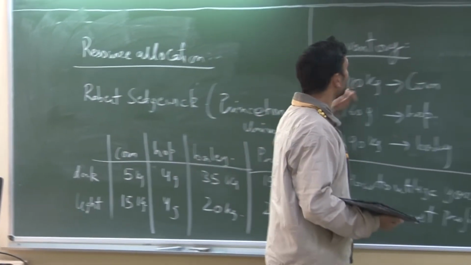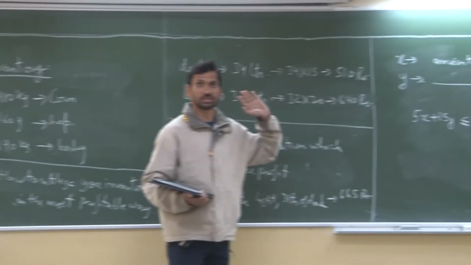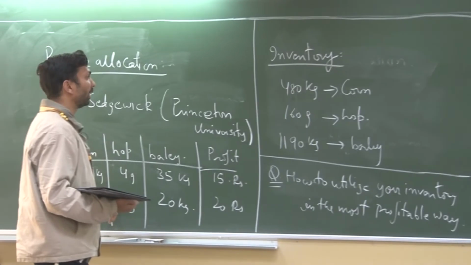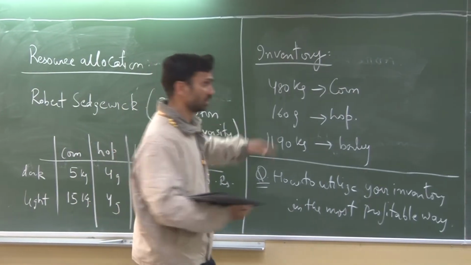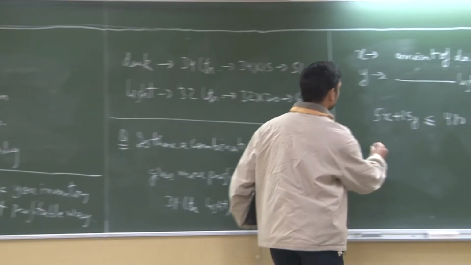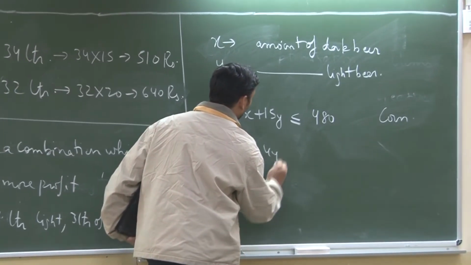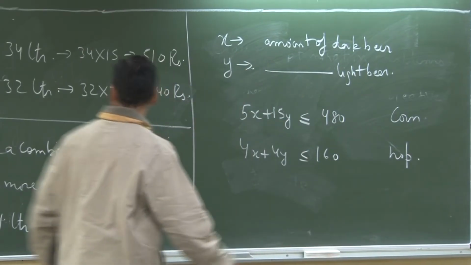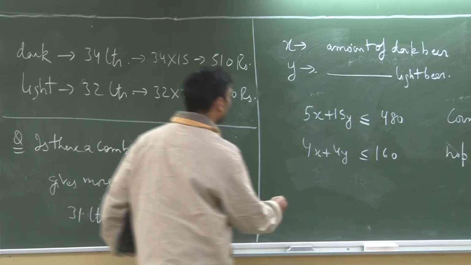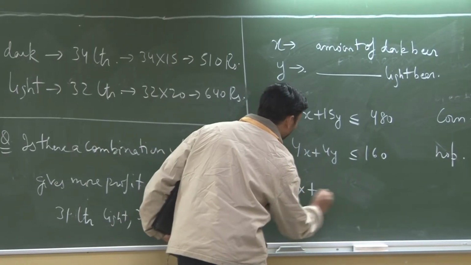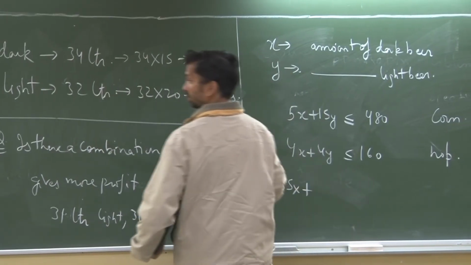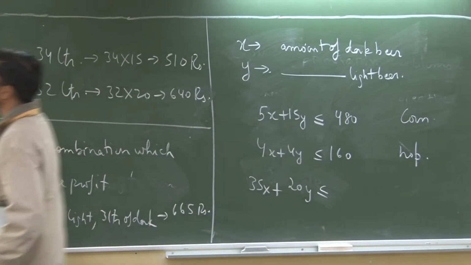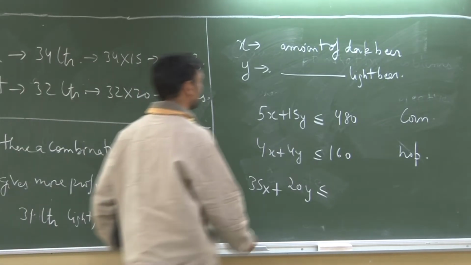And the amount of corn spent should be less than 480 kgs. Similarly, 4x plus 4y should be less than 160. This is the amount of hops. And for the last one, barley will say 35x plus 20y should be less than 1190.